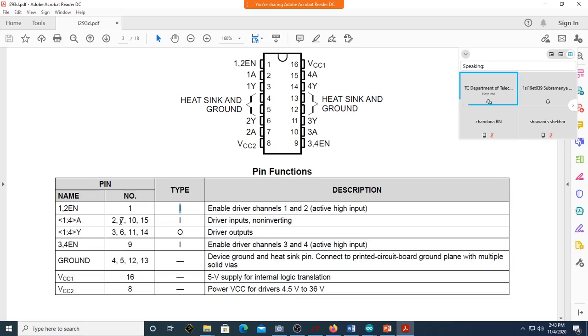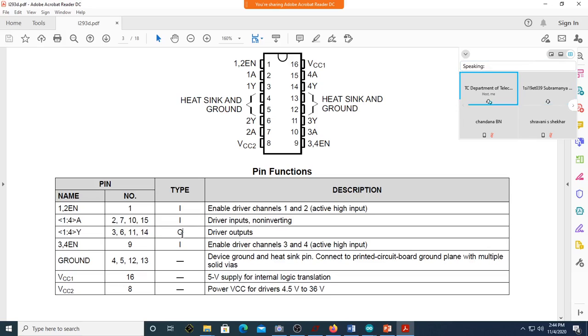The pin numbers are 2, 7, 10, 15. They are all driver inputs, in non-inverting mode. When I say non-inverting, if you give 1, you'll get 1 only. If you give 0, you'll get 0 only. And then you can see there are 4 outputs. Y stands for output, and the pin numbers are 3, 6, 11 and 14.